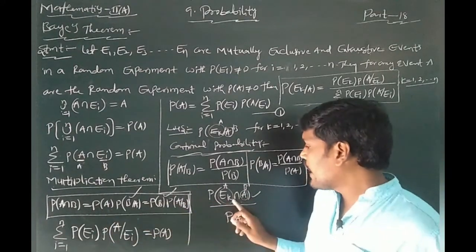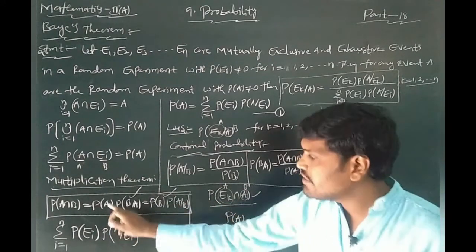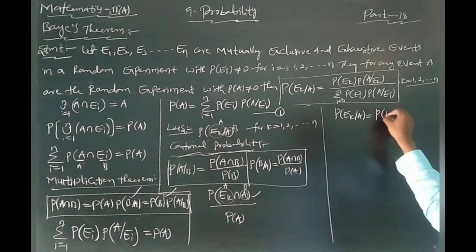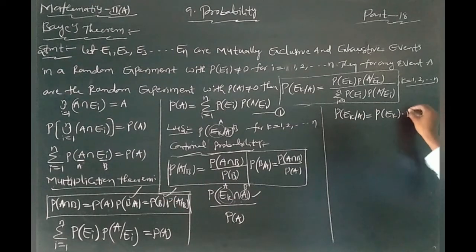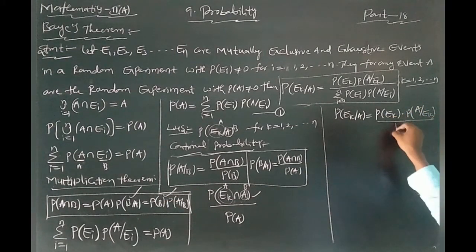In this formula, the A value is E_K and the B value is A. You can write P of E_K into P of B by A, where B is A, so A by E_K, the whole divided by P of A.